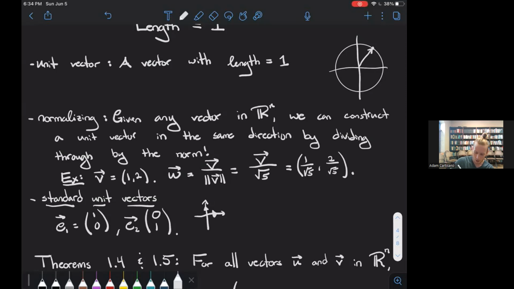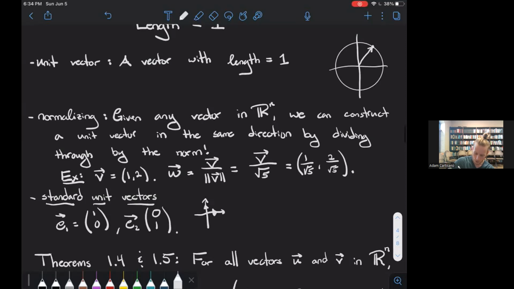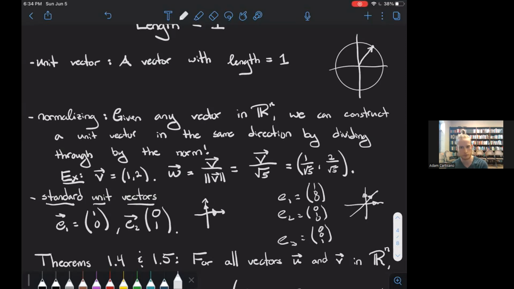You can do this in higher dimensions. So you're gonna have E1 is 1, 0, 0, E2 is 0, 1, 0, and E3 is 0, 0, 1. And those correspond to unit vectors in the x, y, and z directions in R3, right? And so on.